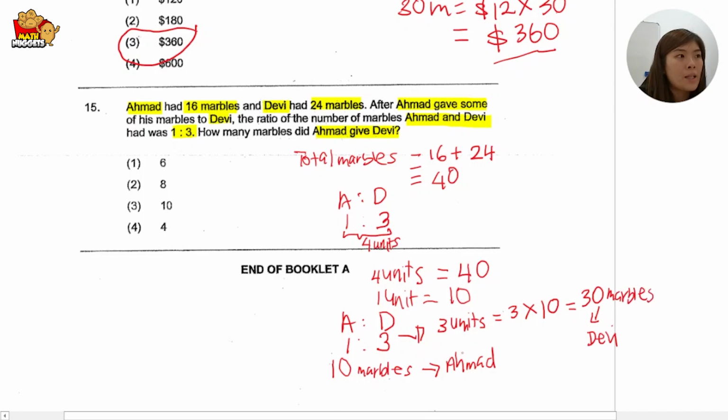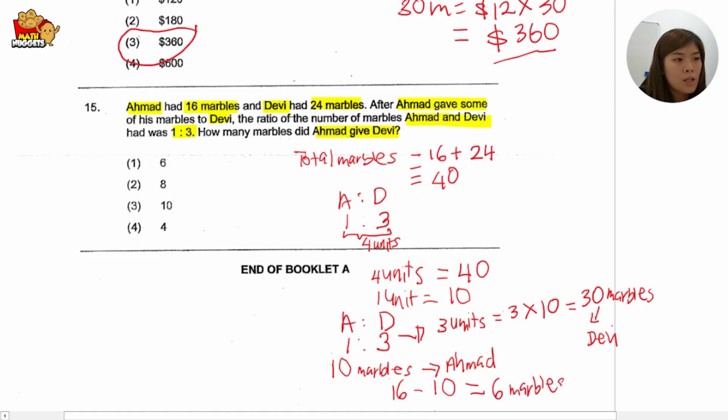After Ahmad gave away some of his marbles to Devi, Ahmad was left with 10 marbles. Now you want to find out how many marbles Ahmad gave Devi. The initial number of marbles that Ahmad had is 16, minus what he has left over, which is 10, equals 6 marbles.